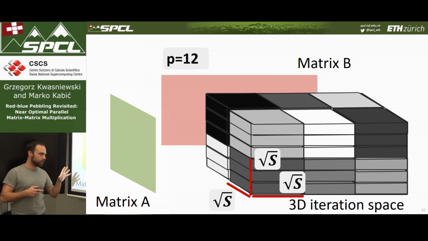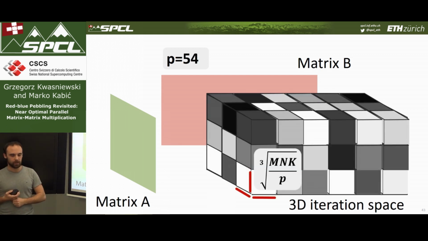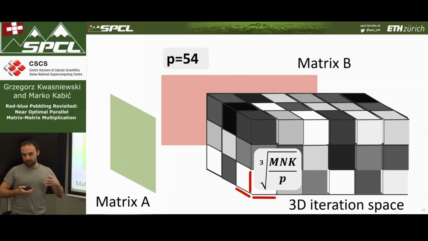Then the local domain will still have to remain a cube, and we will just shrink all the dimensions of this cube. So for example, for 54 ranks, this is how the decomposition would look like. So again, this is the intuition.